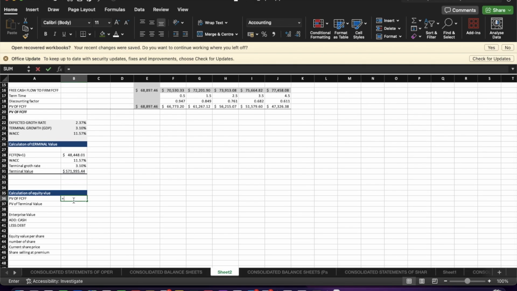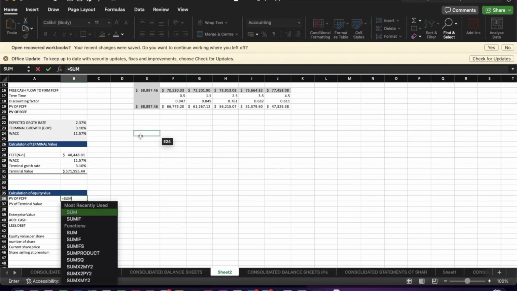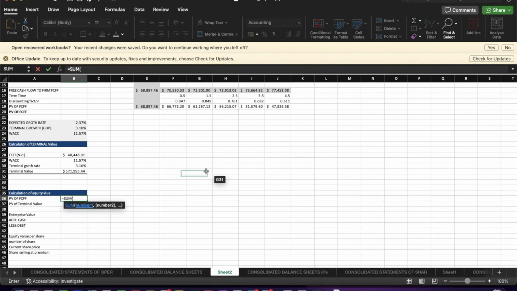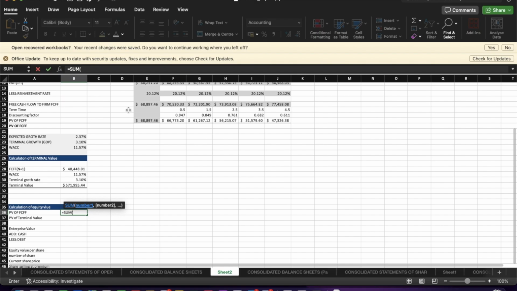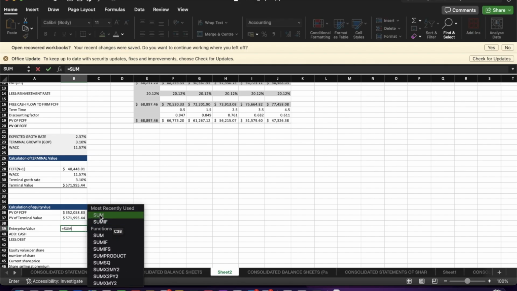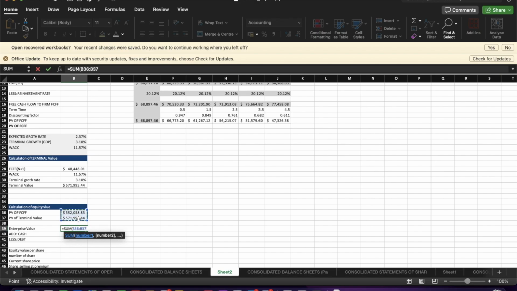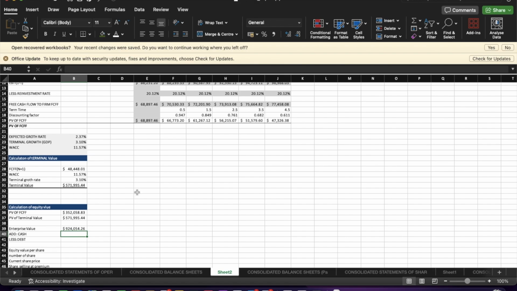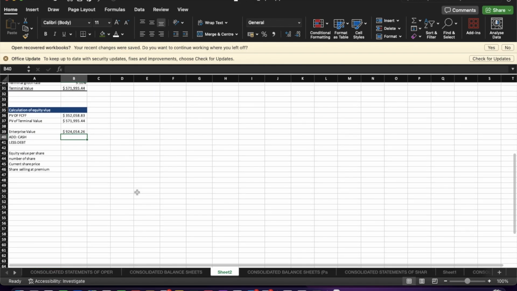So the present value of the FCFF would be the sum of all the present values we got, and then the present value of the terminal value we have got in our previous table. We just simply put it, and then finally the enterprise value would be the sum of these two values.